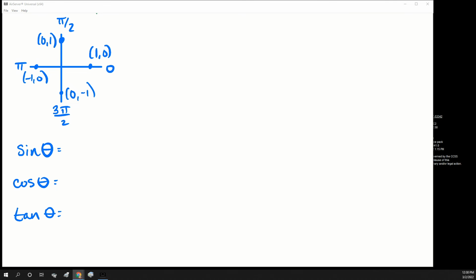Then write down how you use the unit circle to find the sine, cosine, and tangent.